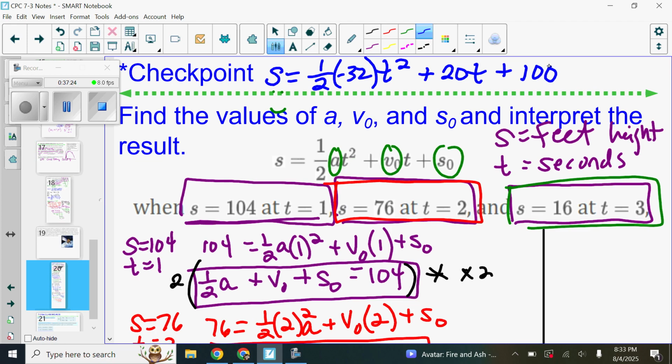The only other cleanup is a -16 out front with our T squared. So -16 T squared plus 20T plus 100.